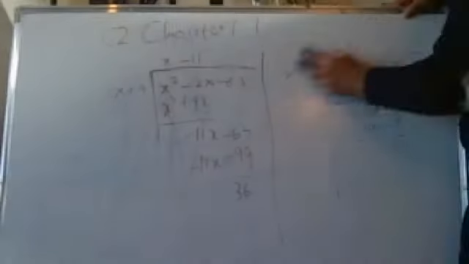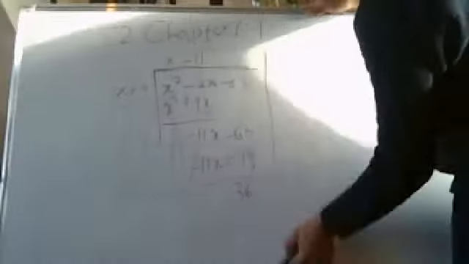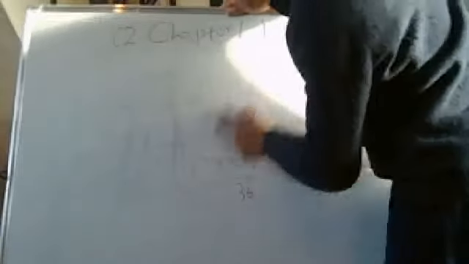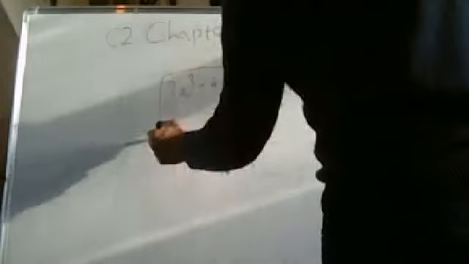Okay, let's divide a cubic expression by a quadratic expression. The answer should be quite simple, but let's go through it step by step. I'm going to divide 3x cubed minus 4x squared plus 5x minus 3 by x squared plus 2x minus 5.